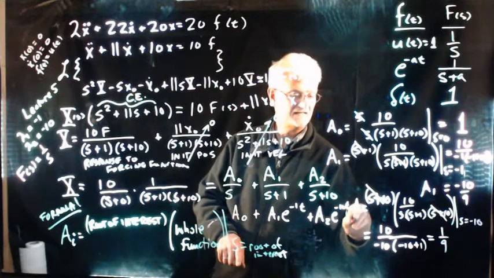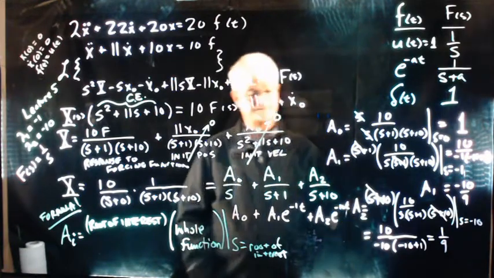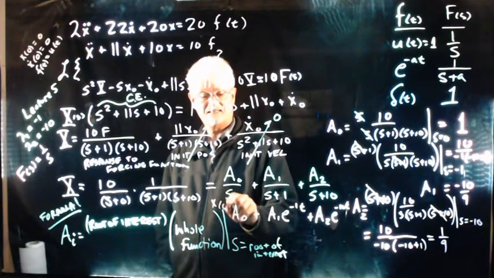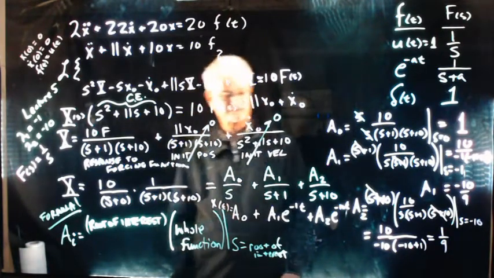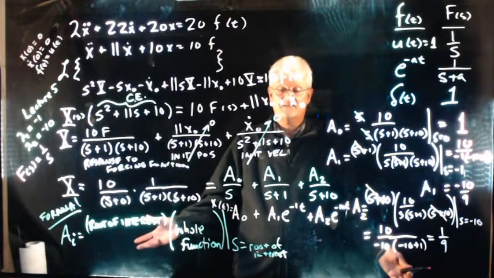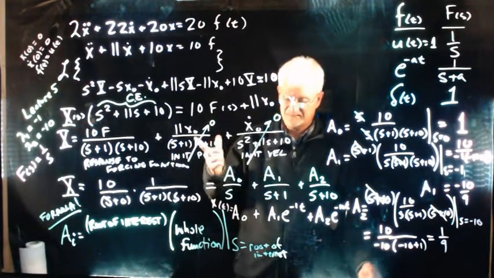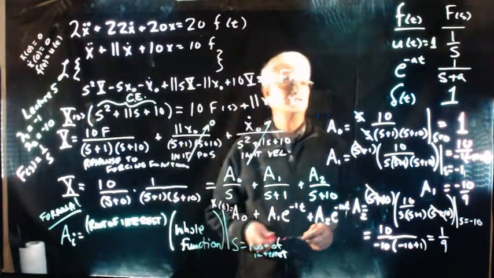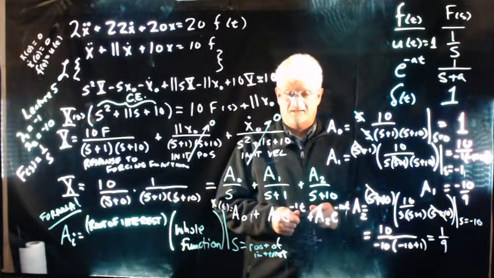This is x of t is equal to that. Boom. I'm all done. And I'll send out some sample problems with this too, and you can give them a try by yourself. Thank you.